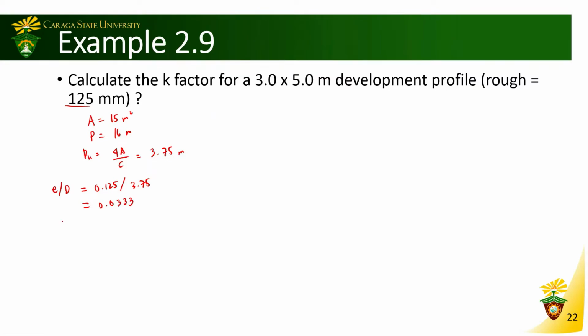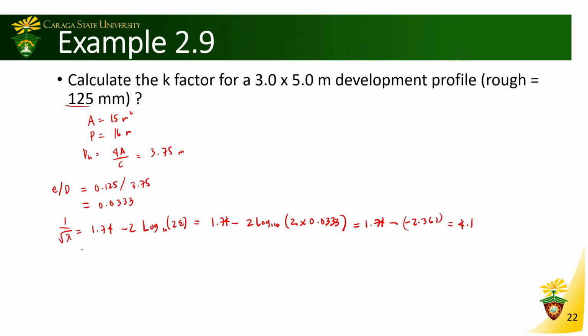Plugging into the equation to determine k, we write 1 over square root of lambda is equal to 1.74 minus 2 log base 10 of 2e over d, which is equal to 1.74 minus 2 log base 10 of 2 times 0.0333, which is equal to 1.74 minus negative 2.361, which is equal to 4.1.